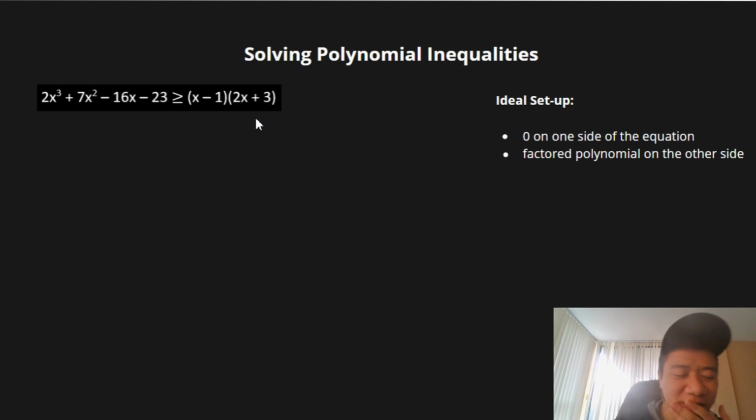It doesn't really matter which one you choose, we're just going to choose this one because I like having 0 on this side and then everything else on the other. To me that looks a little bit more aesthetically pleasing. So we're going to move this stuff over.